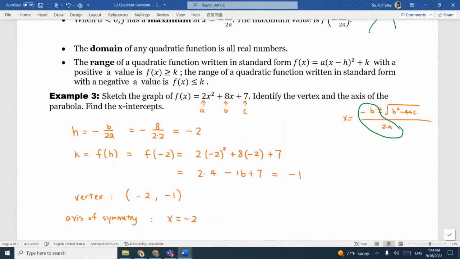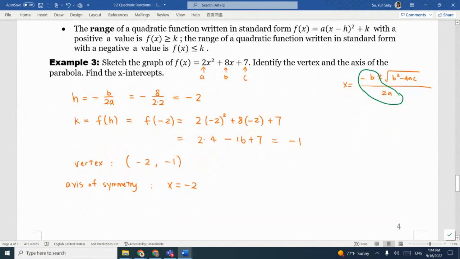x equals negative 2, right? And how about our standard form? So standard form is y equals a times (x minus h) squared plus k. A is 2.